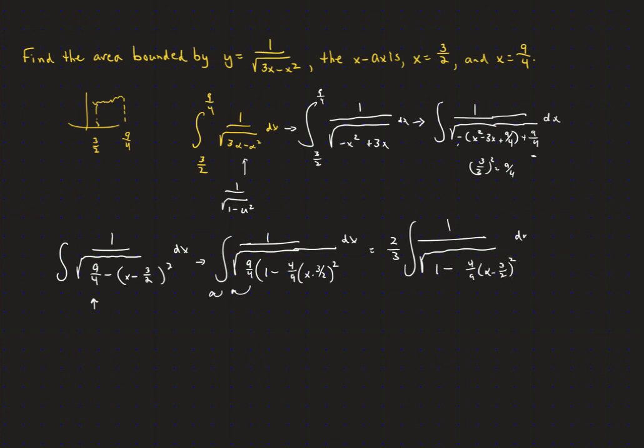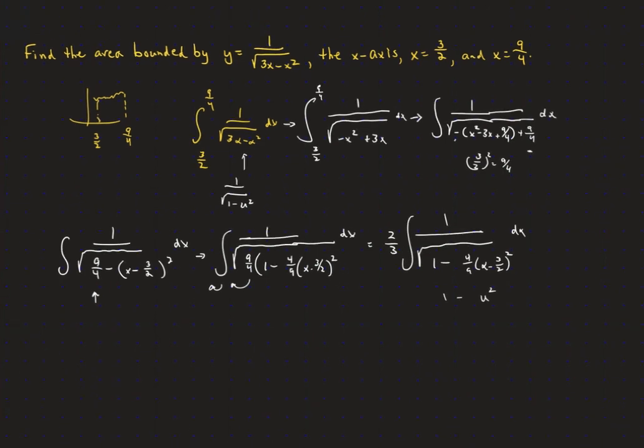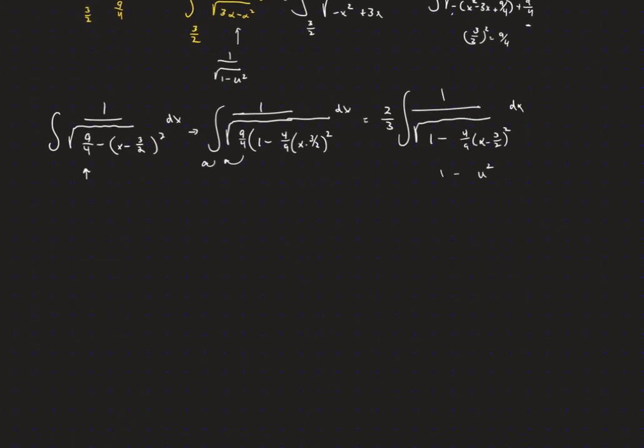So now we're looking at 1 over the square root of 1 minus 4/9 times x minus 3/2 squared dx. Well, this we're trying to see as our u squared. So that means our u is going to be the square root of 4/9, which is 2/3, and the square root of the x minus 3/2 squared is going to be the x minus 3/2.